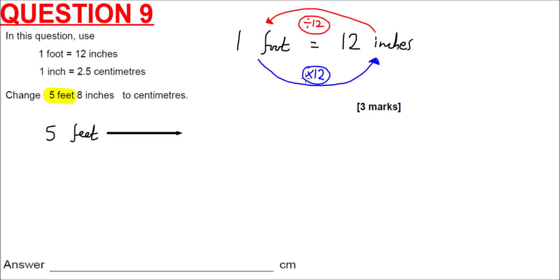To change from feet to inches, we could multiply by 12. And the reason we're multiplying by 12 is because of what we said earlier. 5 times 12 is 60. And so 5 feet is the same as 60 inches.